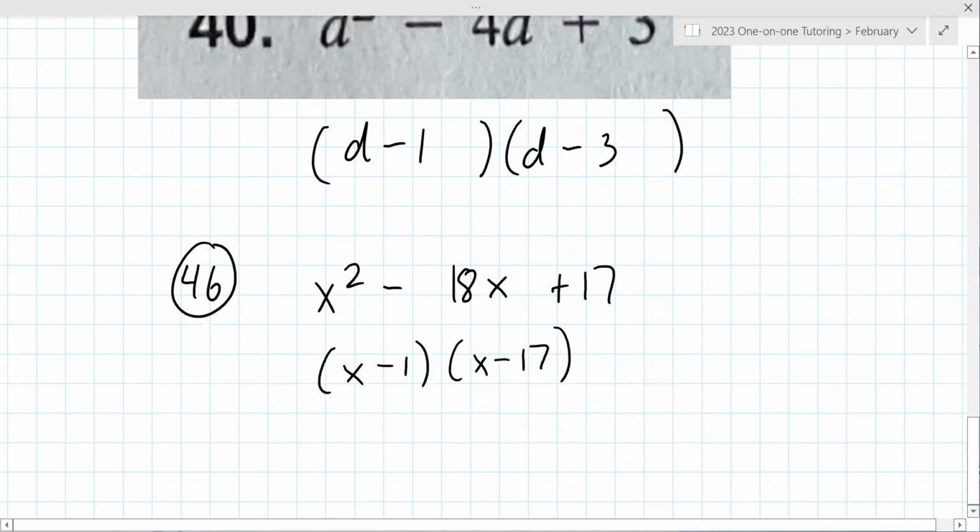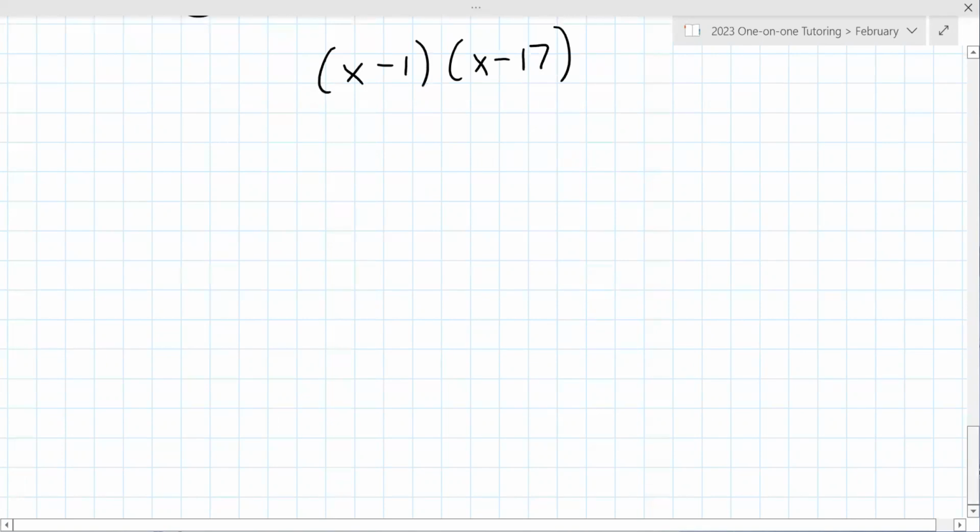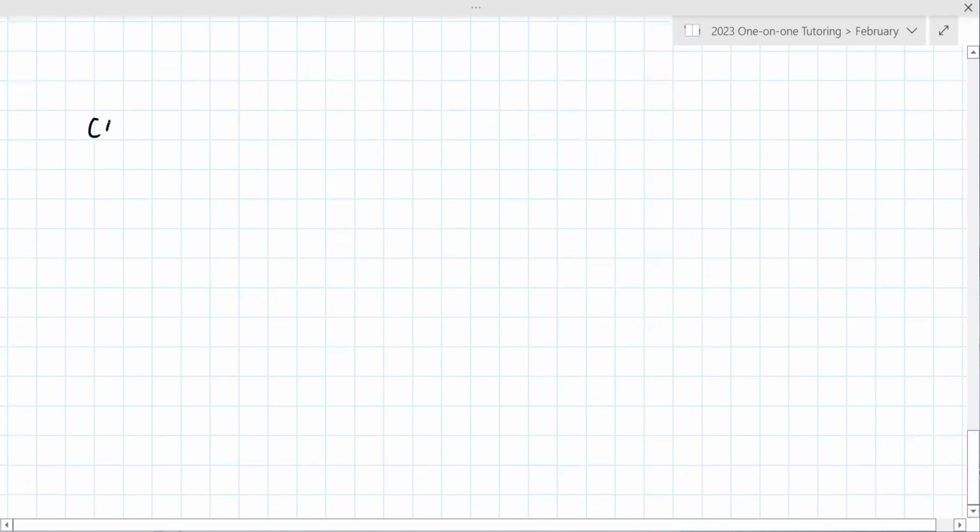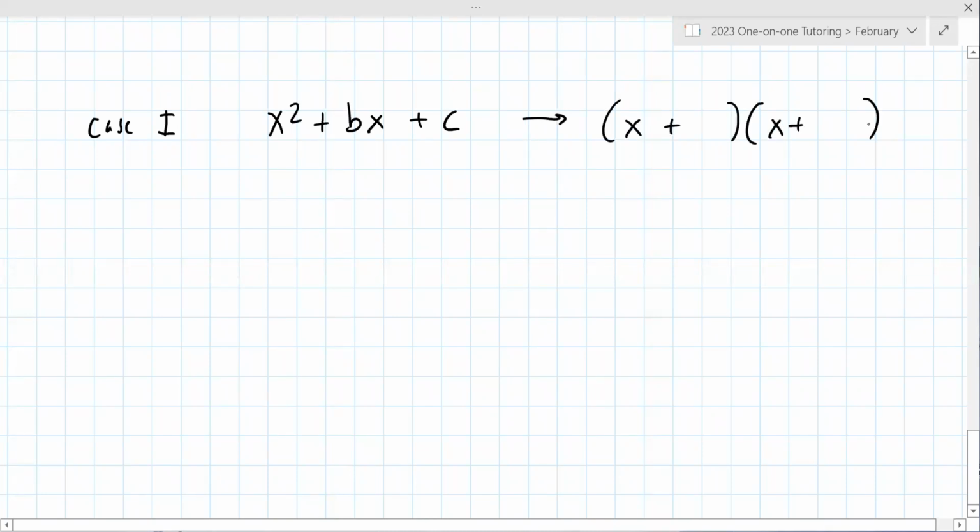All right. So just to summarize here before we go back to do the rest of the problems, there's three cases. Case one is something of this form: x squared plus bx plus c, and it always becomes x plus something, x plus something.